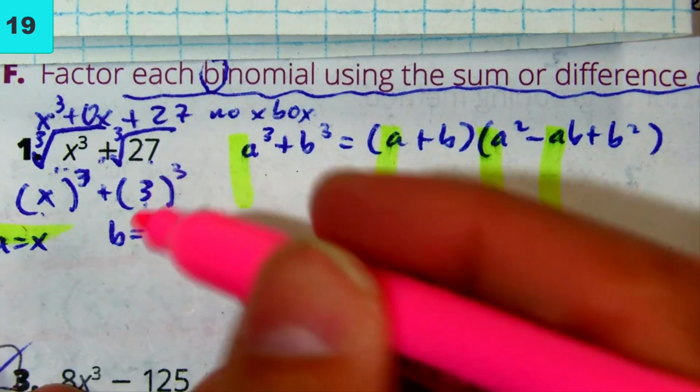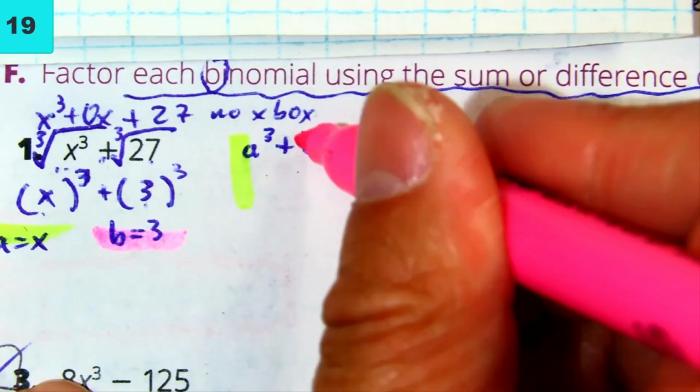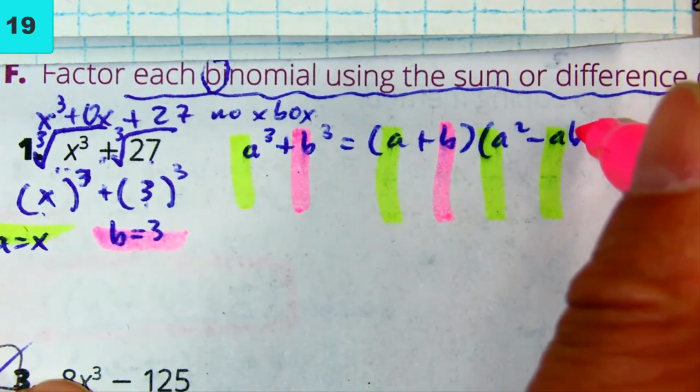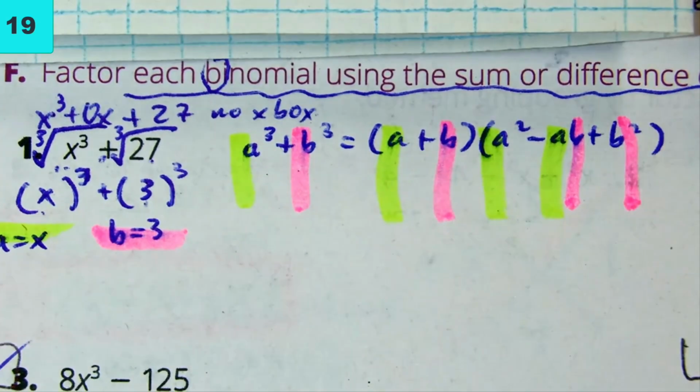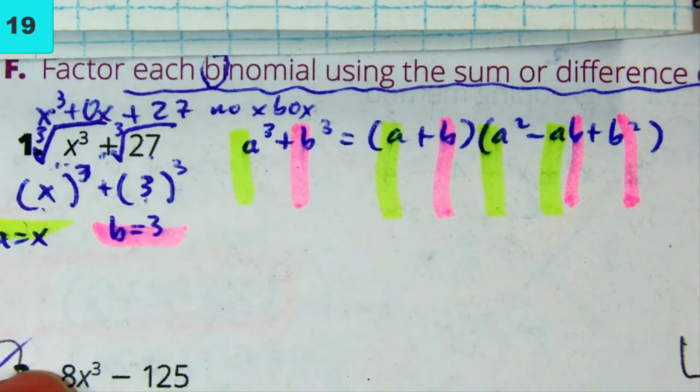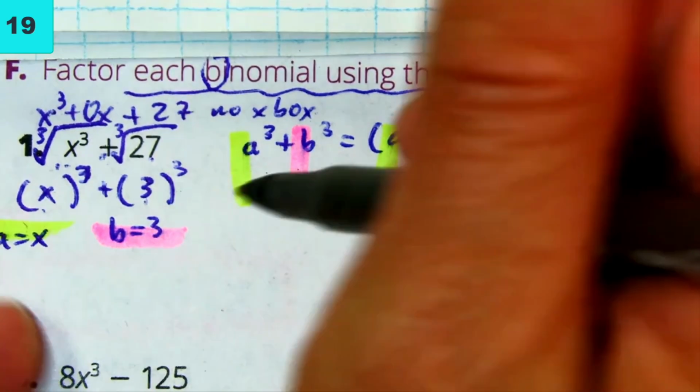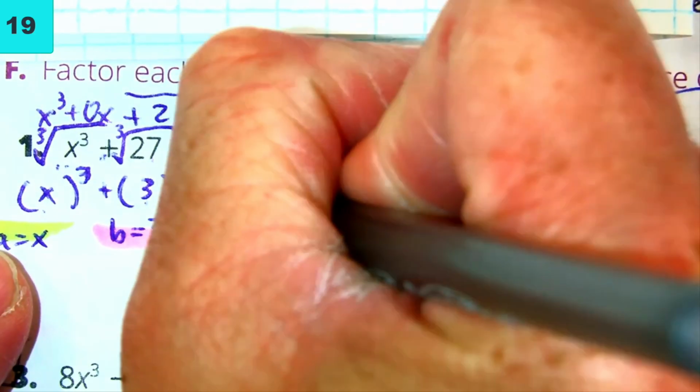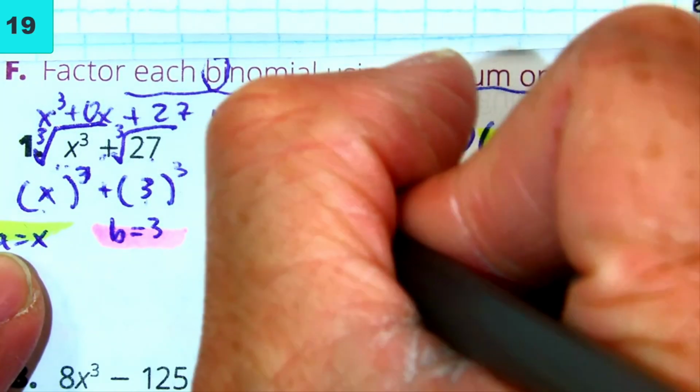And I'll use B for pink. And now I'll do my substitutions. Remember, in substitutions, you are using parentheses, super important.